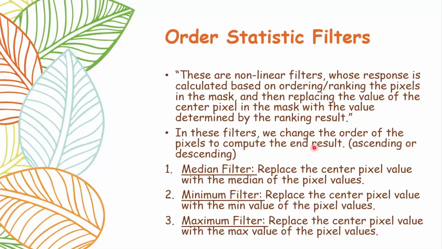The order might be ascending order or descending order. As seen in the previous slide, order statistic filters are classified into three types. Median filter: in this, we replace the center pixel value with the median of the pixel values inside that neighborhood. In minimum filter, we replace this value with the minimum of the pixel values, and in maximum filter, we replace this with the maximum value.